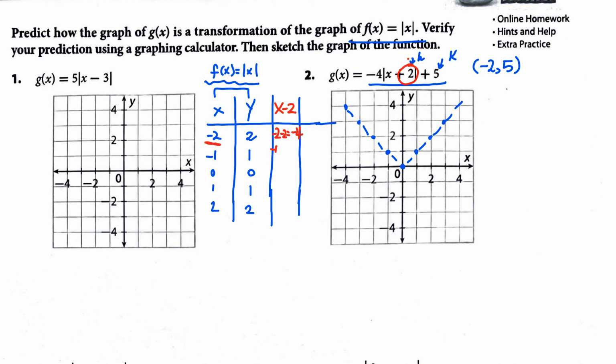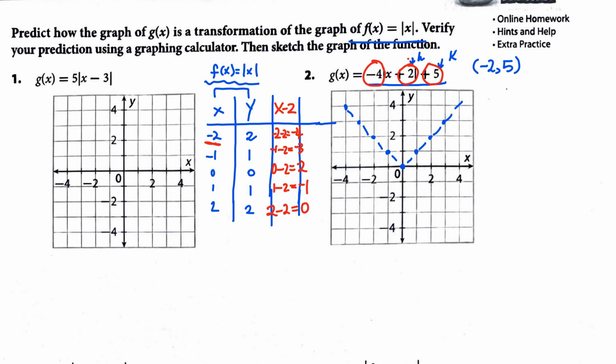The parent function's -1, transformed to the left, gives me -3. 0 was moved to -2, so it will be -2. 1 moved to the left 2 units, so that will be -1. 2 moves 2 units, so the new x values plotted are -4, -3, -2, -1, 0. So we are done with the x transformation.